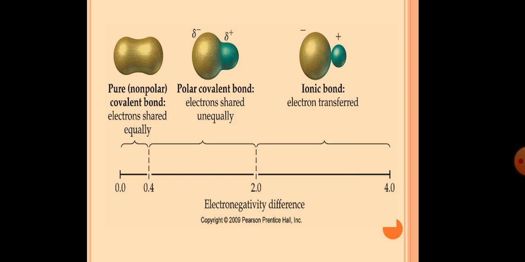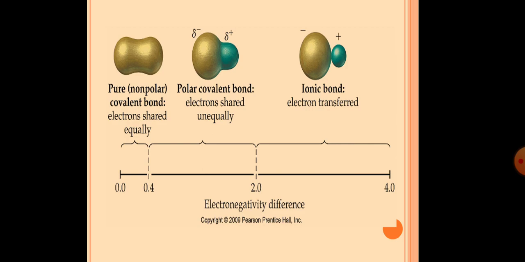Now when you see the polar covalent compound, the electronegativity difference is between 0.4 and 2. When the electronegativity difference is greater than 2, it becomes an ionic compound. If it is less than 0.4, then it becomes a pure or non-polar covalent compound.